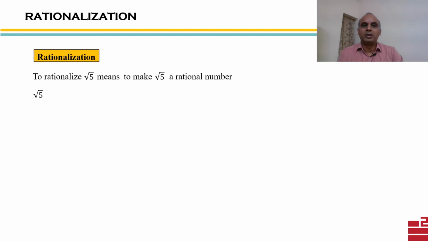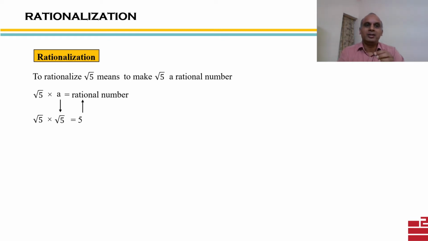Now, how do we do this? Root 5 is multiplied by some number a to result in a rational number. What can the value of a be? It will be root 5. So root 5, when you multiplied by root 5, results in the value 5, which is a rational number.